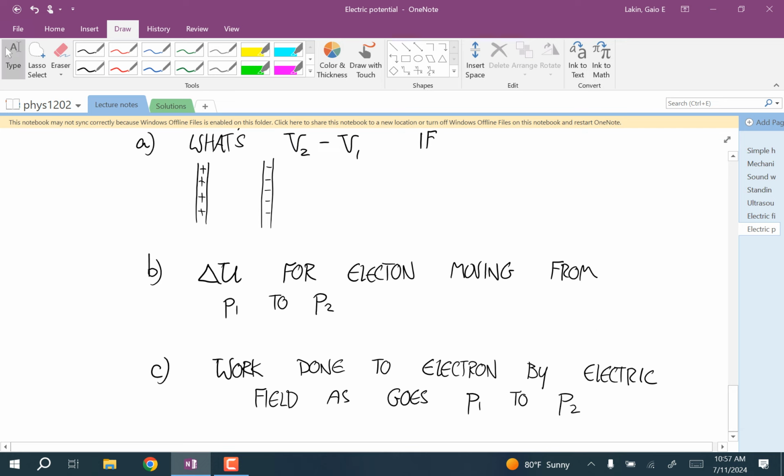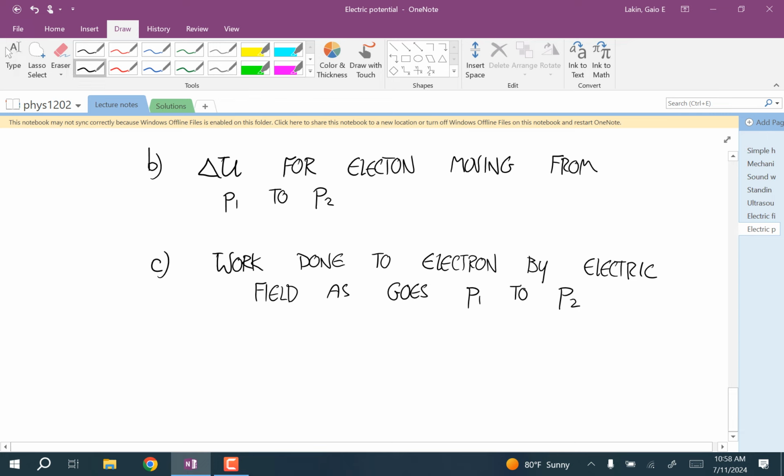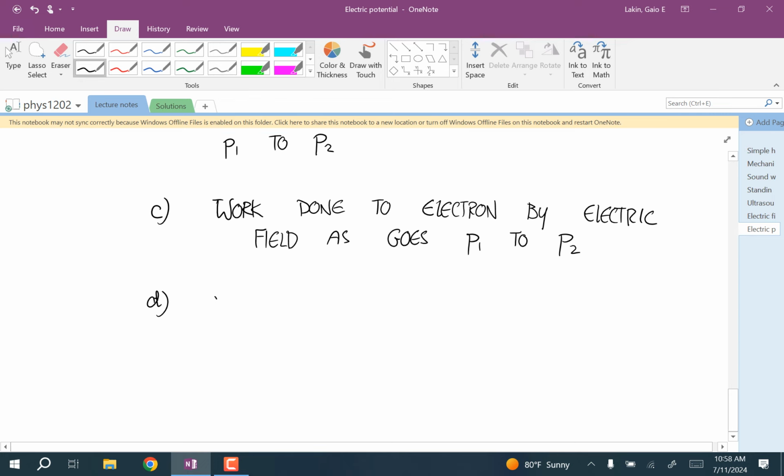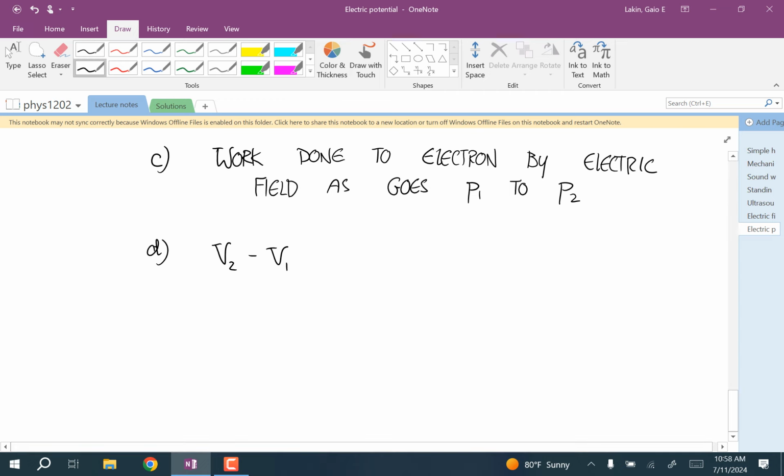And then the last thing I'll do is just show you what would happen if these were oriented the other way. So we want to calculate V2 minus V1 if we had the negative plate on the left and the positive plate on the right.